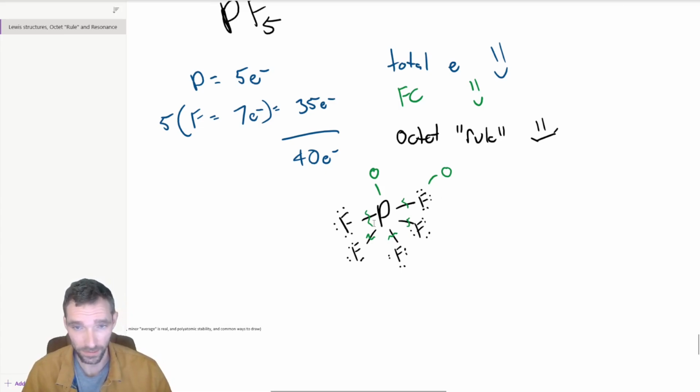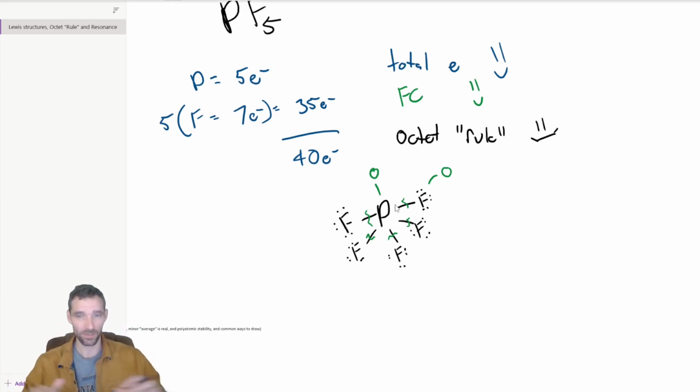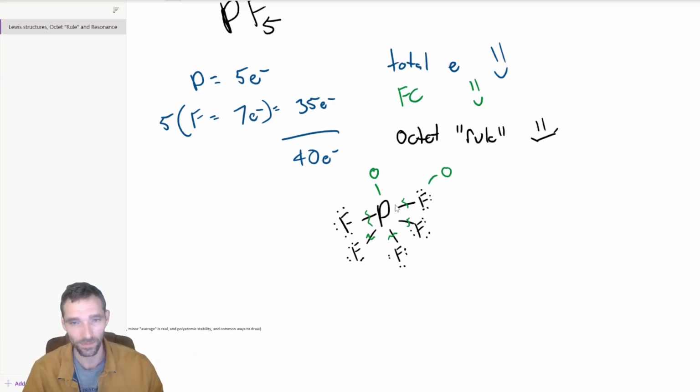So this looks pretty good, and this is the best that we can do. You might consider trying to put a double bond on one of these, but that's going to end up causing the formal charge to be a positive number on all those fluorines, which we don't need. If we can get the formal charges all to be 0, we can evenly spread out all the electrons in a neutrally charged compound, and that's great. That's what we're trying to do.